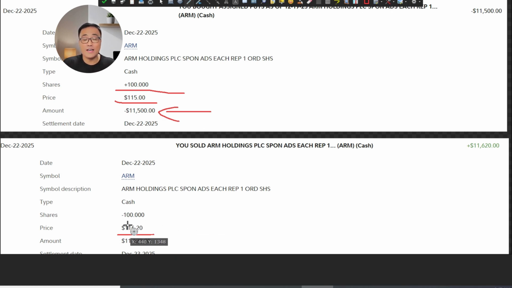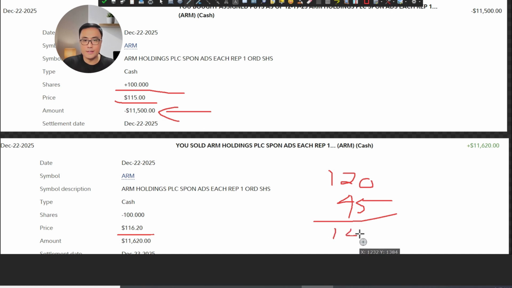So I sold my position pre-market and made $120. So total, 120 plus the 45 gives me $165 in one of my positions.